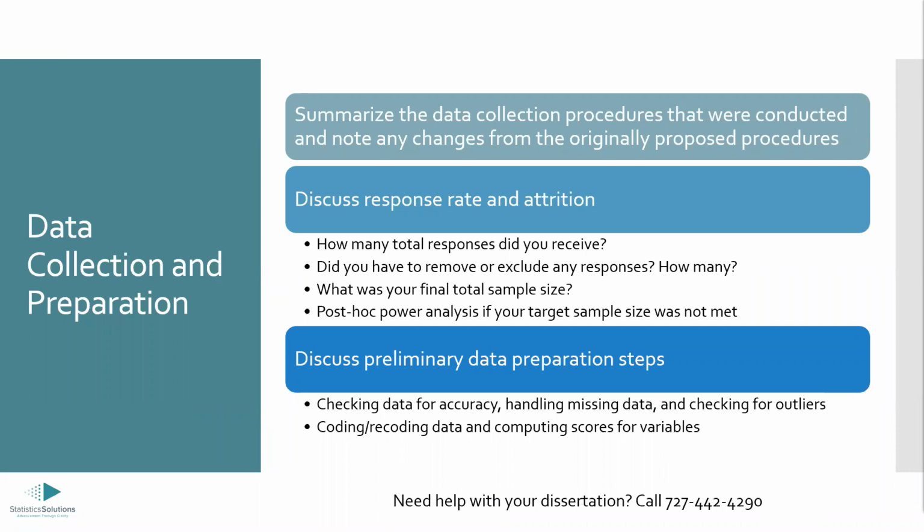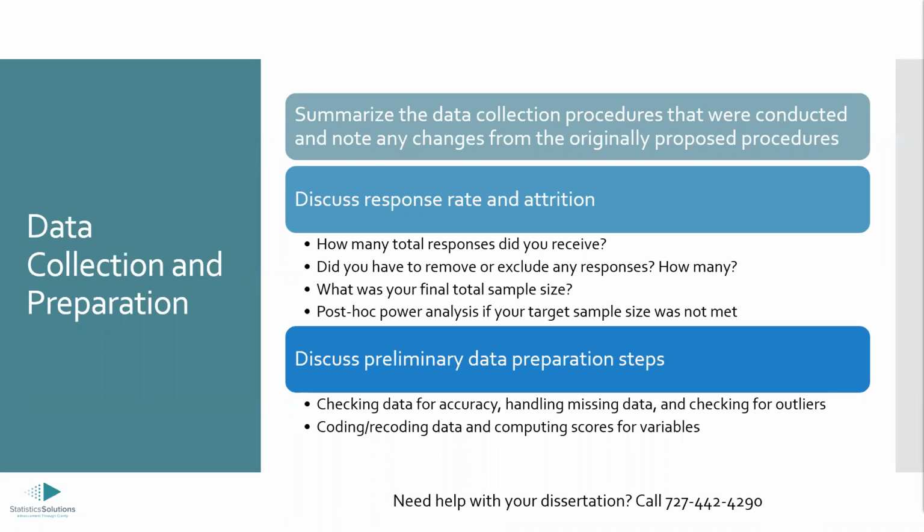We won't go into the fine details of how to conduct the post hoc power analysis in this presentation because we do have other webinars that cover that topic. But just know that you may be asked to do a post hoc power analysis if you do not meet your target sample size.